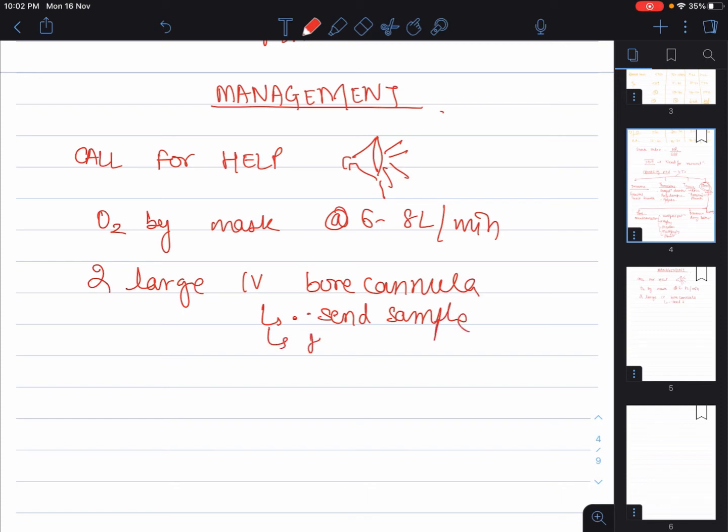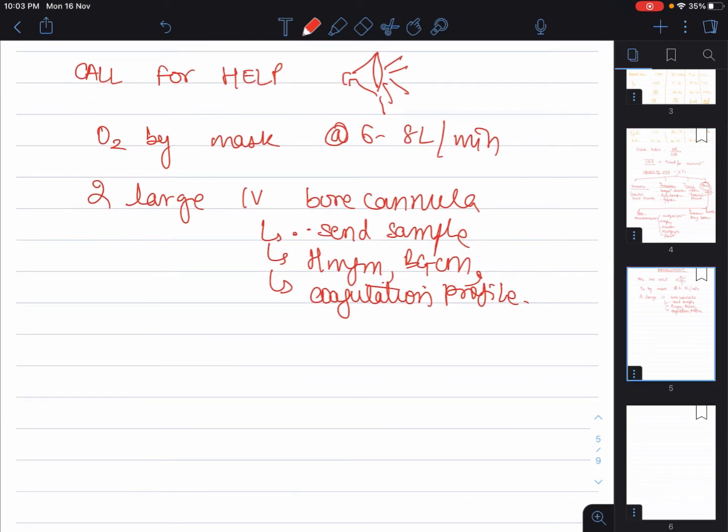So send for hemogram, BGCM, cross match, so that you are already alerting the blood bank that you will be needing blood for this patient as soon as possible, and also to send a coagulation profile to check if there is any coagulation disorder that might have been missed or that is in progress right now, right? So that you will do.